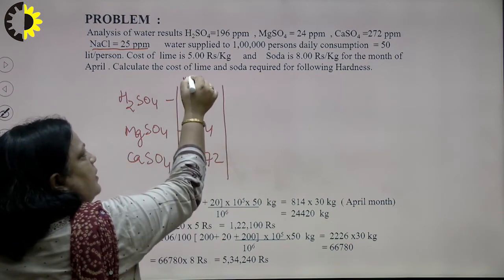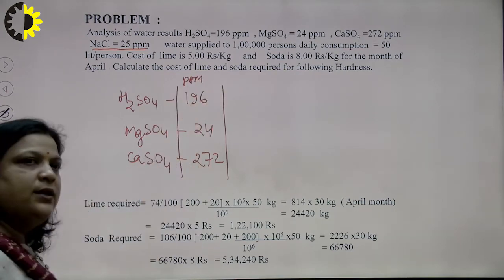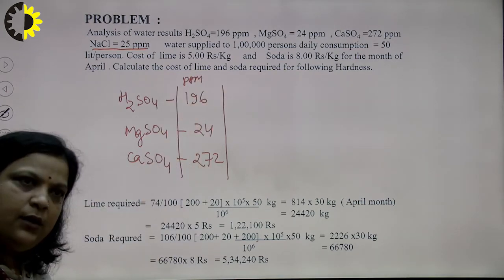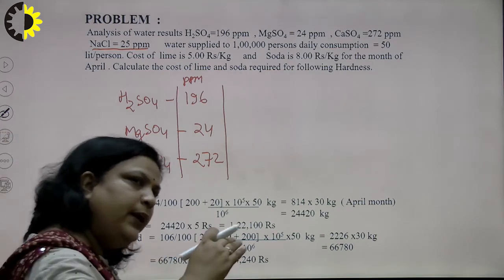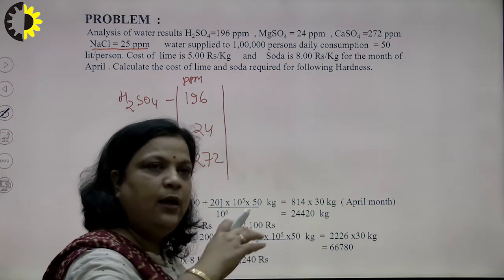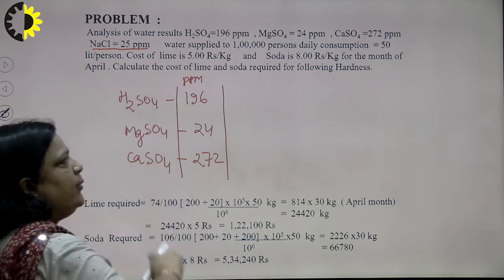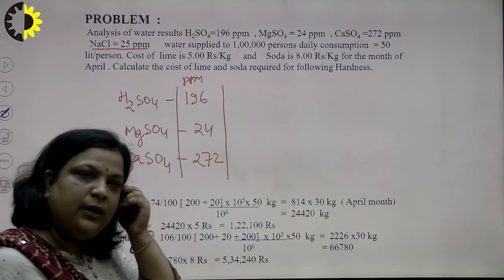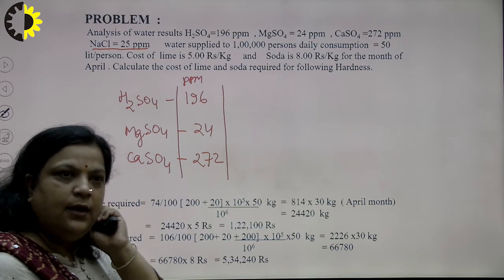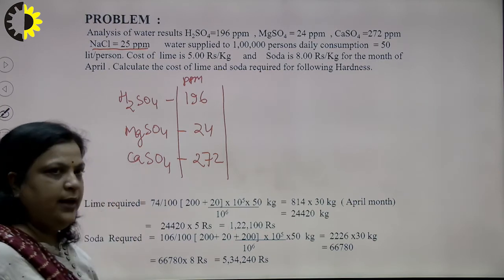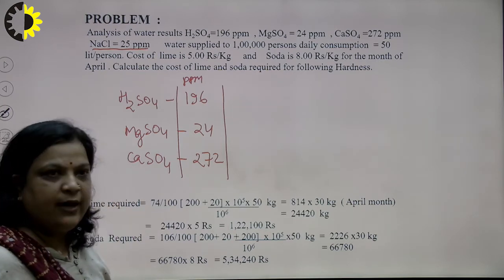First step is to convert this equivalent to calcium carbonate. Basically, the method should be in an easier way or the same way. So, if we convert this equivalent to calcium carbonate, we have to multiply with multiplication factor. And in previous lecture, we have already explained what the multiplication factor is.